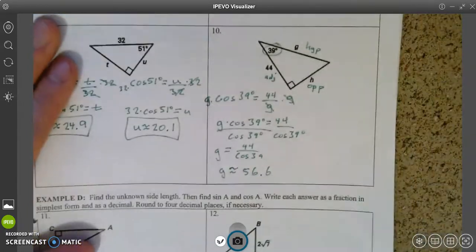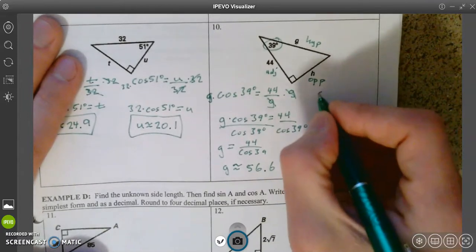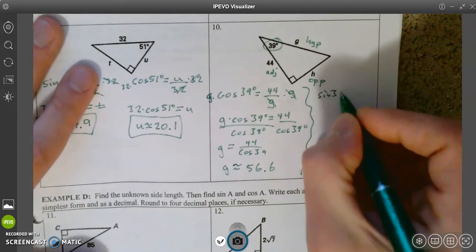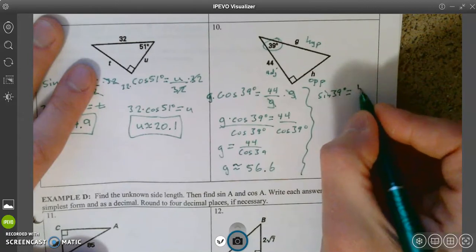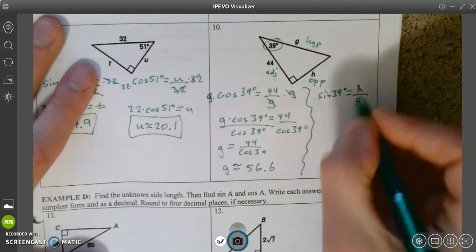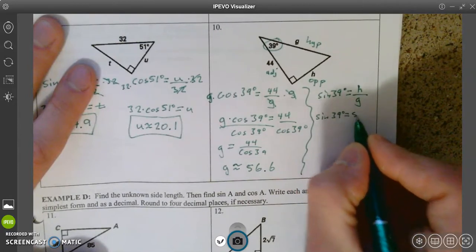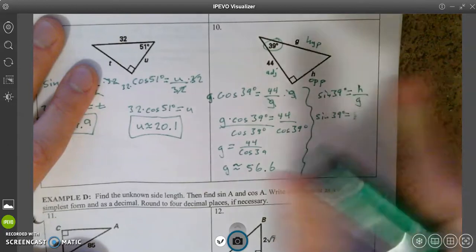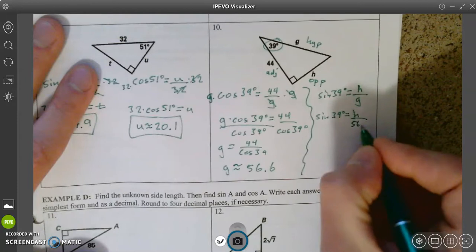Now I'm going to do similar with sine. So sine of 39 degrees is equal to opposite over hypotenuse. But we know the hypotenuse is, about to write that in the wrong spot. Caught myself. h over 56.6.